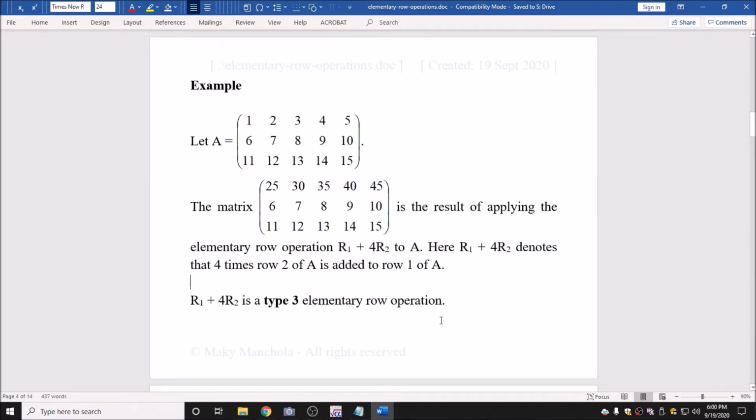Another example. Let A be the same matrix of the previous two examples.